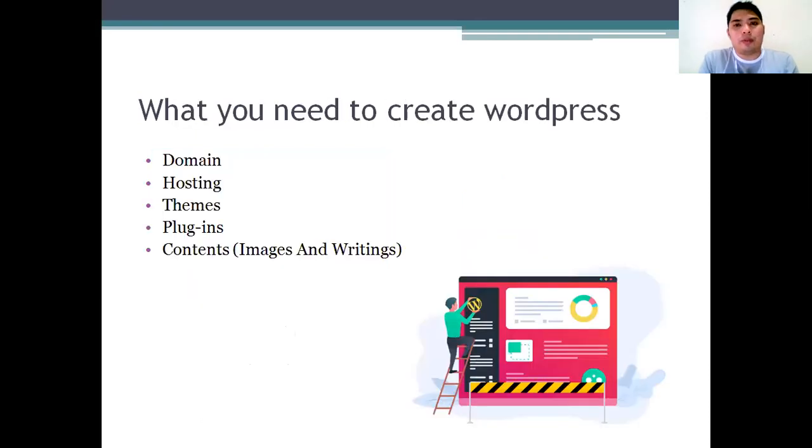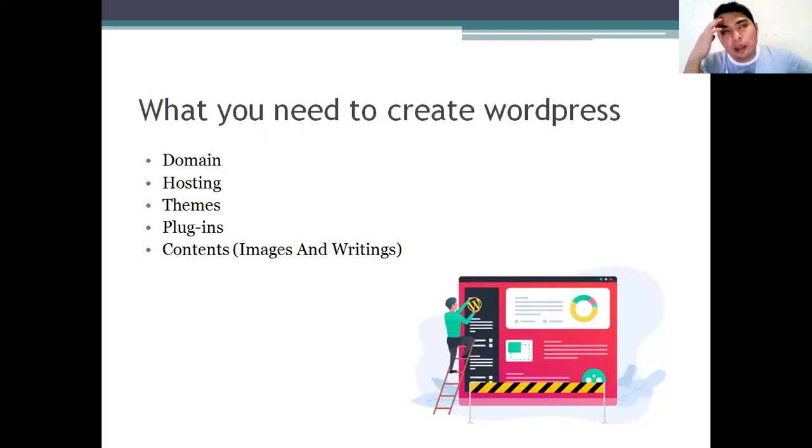Okay, so ano ba yung mga kailangan mo para makapag-create ka ng WordPress? Ito yung mga kailangan mong bilhin or gawin before ka makapag-create ng WordPress website. Number one, we have domain. Ano ba yung domain?